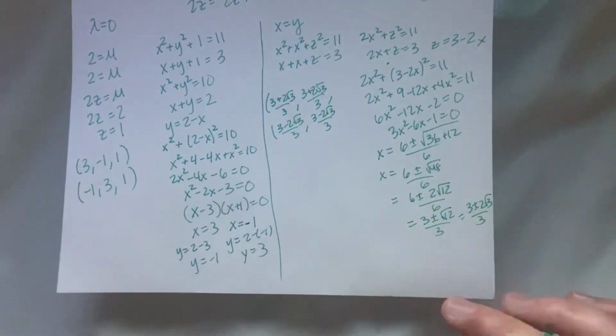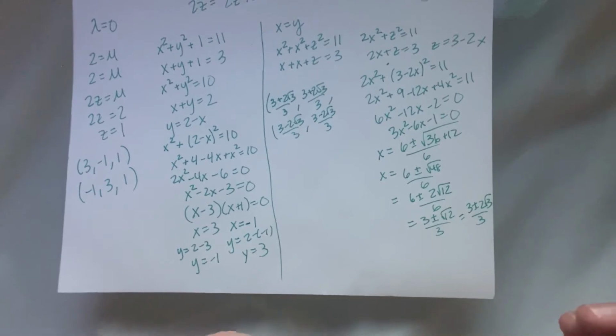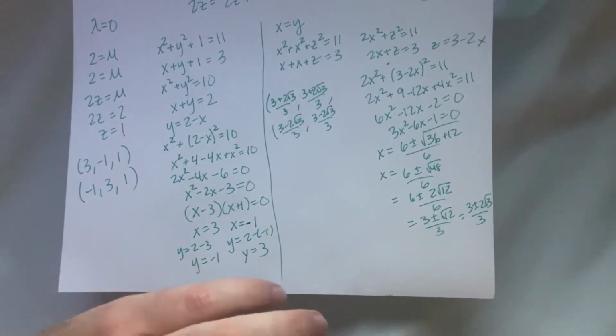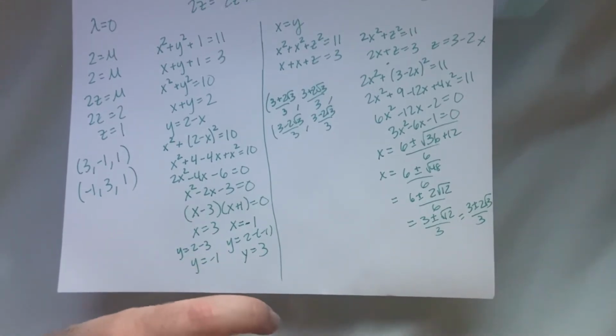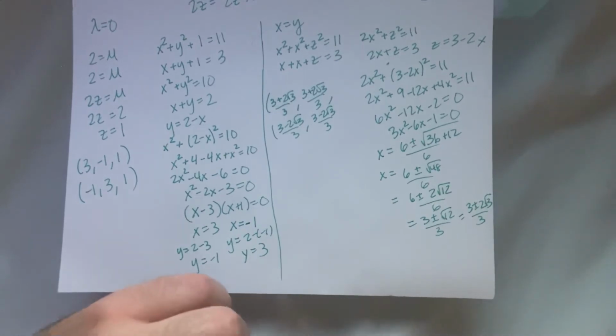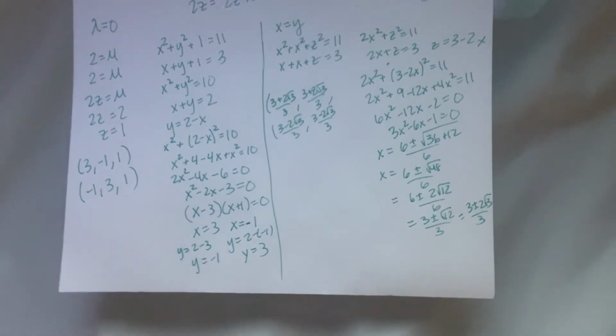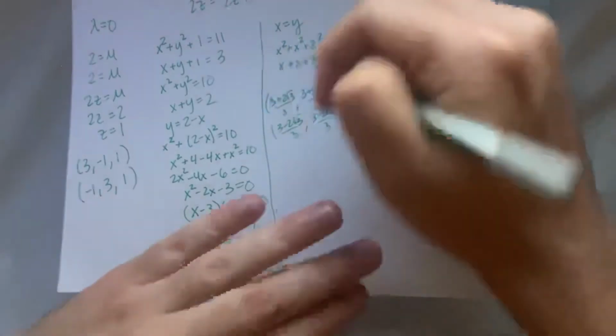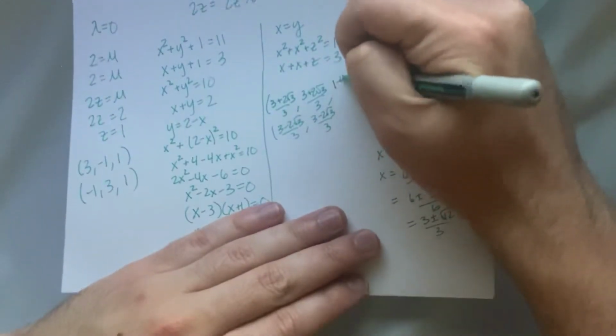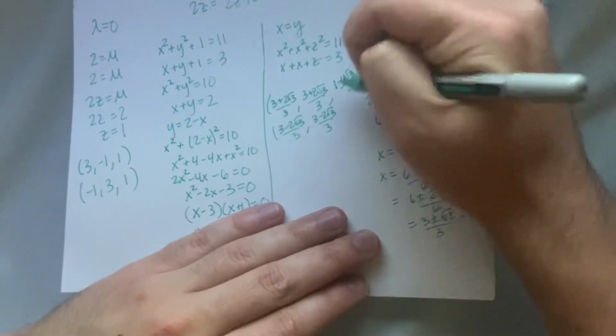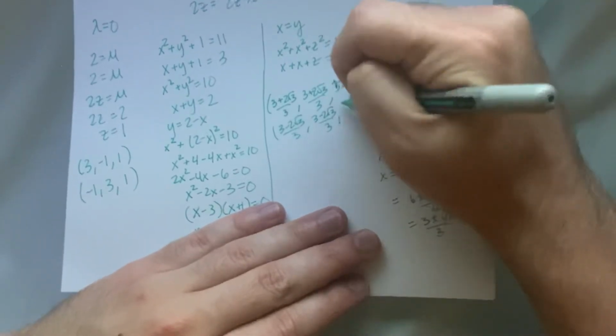Now you can calculate it by plugging this back in. I'm going to just go ahead and tell you what z is respectively here. It ends up being 1 minus 4 square roots of 3, I believe, all over 3, or 1 plus 4 square roots of 3 over 3 for the other.